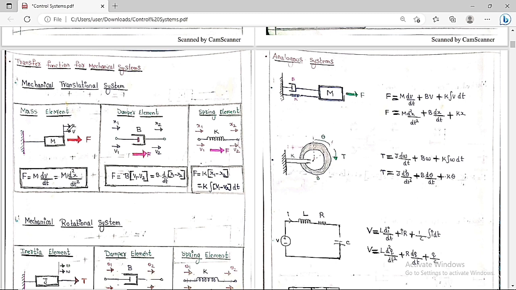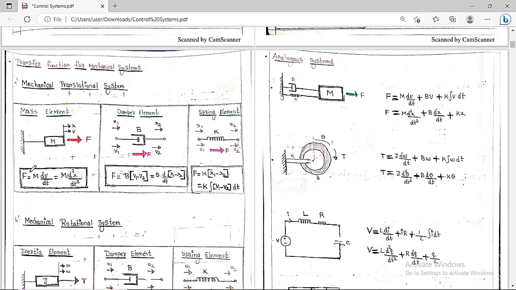So what is the equation? The basic formula: F is equal to m into a.